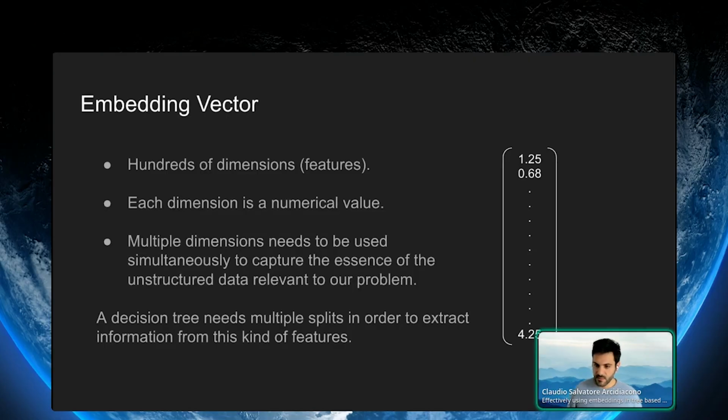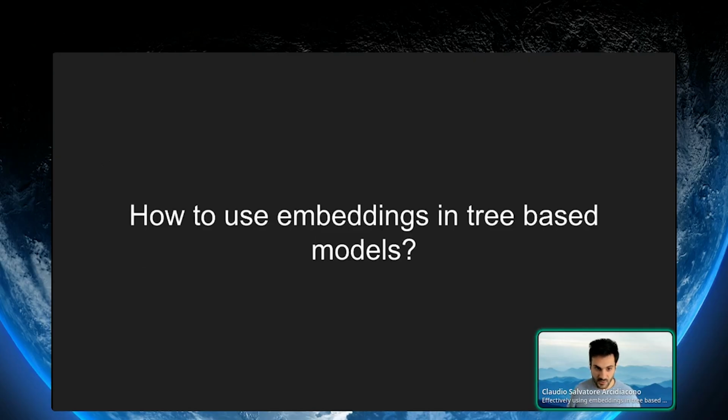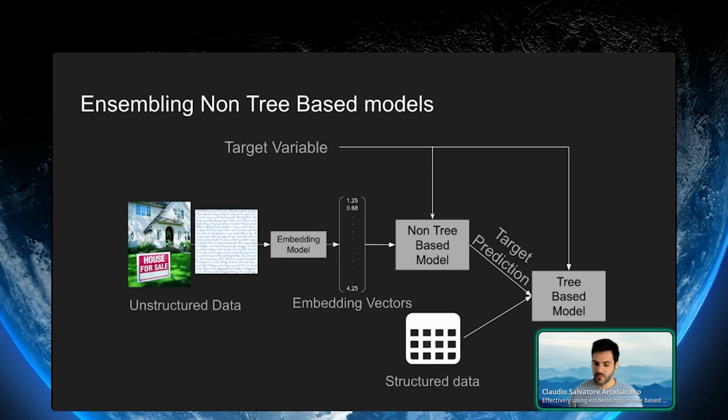Tree-based models are kind of the only models that have this problem. There are a lot of other models that don't have the same issues. And what I argue is that the best way to include embeddings in a tree-based model is by leveraging the strong points of non-tree-based models.